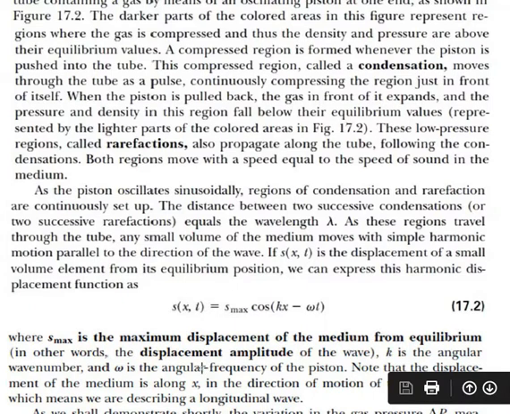So if we represent the sound wave by a displacement wave function, s of x,t is equal to s maximum into cos of kx minus omega t. Why do we take the function cos here?